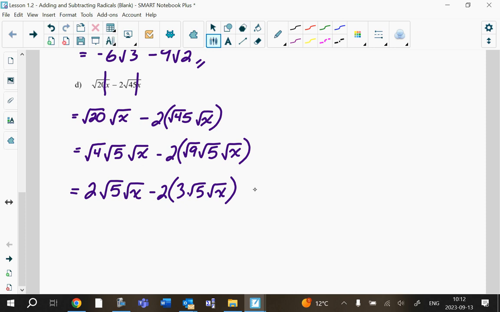Okay. Now, the first term, I've got 2. What can I do with the 2 square roots when I multiply them? Can I put them under a single one? Yes. Root 5 times root x is root 5x.